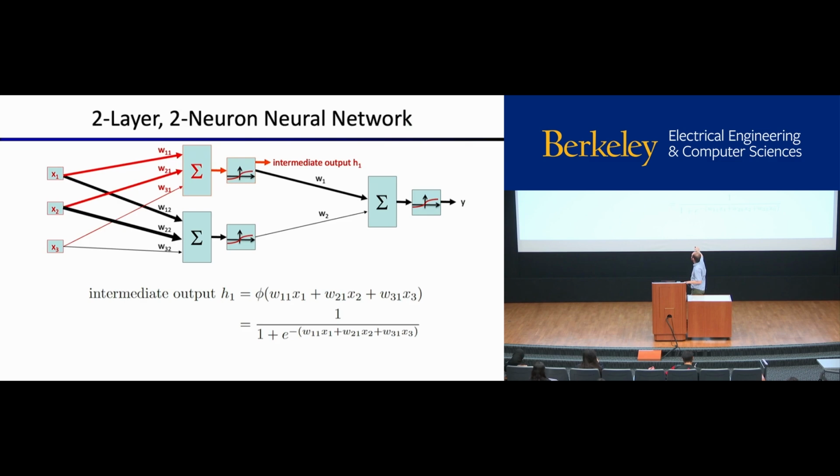You can think of this as 2 vectors, which you could stack on top of each other in your head if you like. This is one vector, this is another, and this is going to be the dot product of this and that. Then you run that through the sigmoid function. So it's the sigmoid of the dot product of this and that. Or if you prefer to think in scalars, the sigmoid of this times this plus this times this plus this times that.